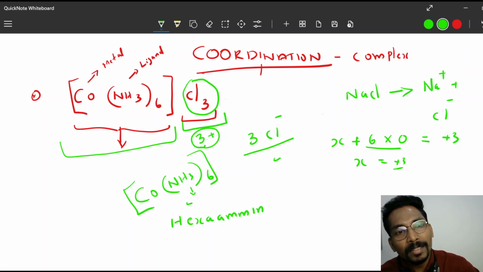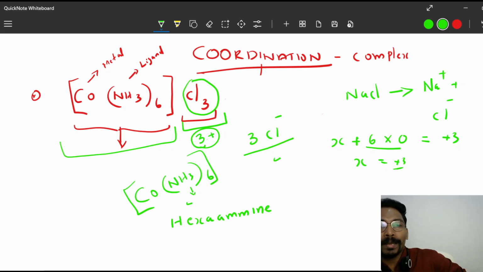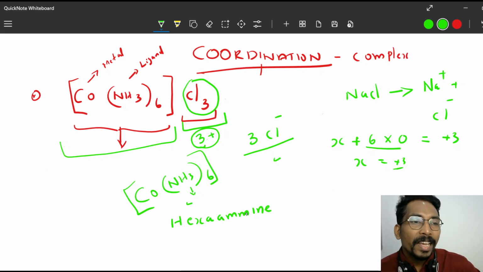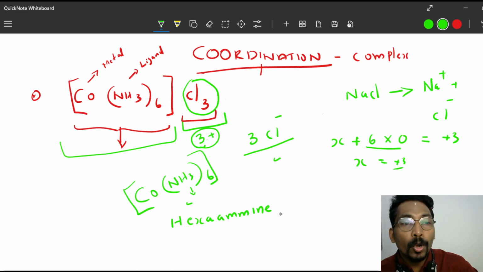This amine should have two M, double M. Okay, hexaamine, then cobalt. Cobalt is the central metal atom. So after naming the ligand, you have to name the central metal atom. Hexaamine cobalt.